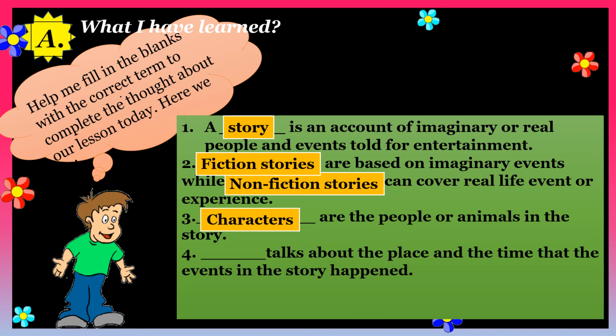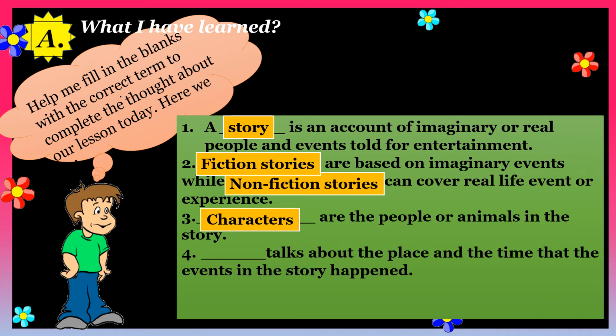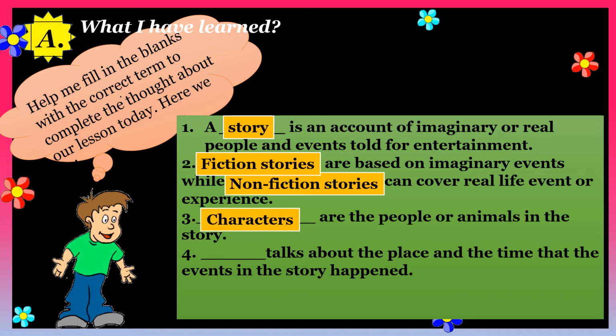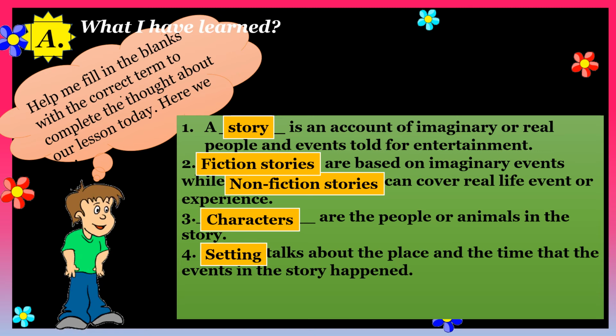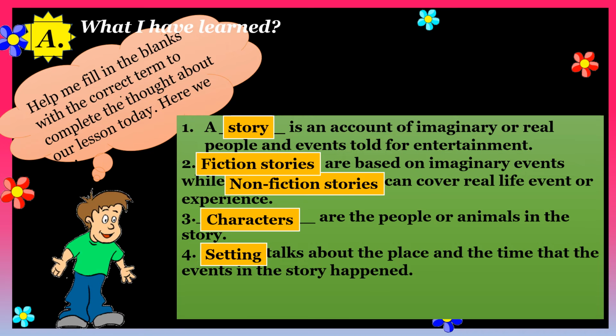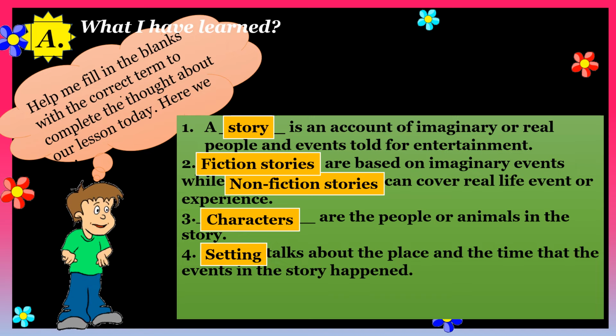Number 4. Blank talks about the place and the time that the events in the story happened. Great! It is the setting. Setting talks about the place and the time that the events in the story happened.